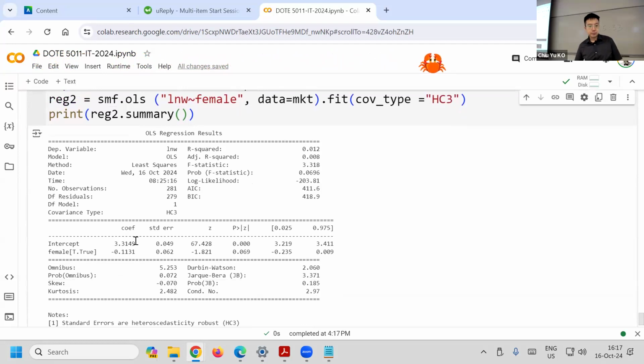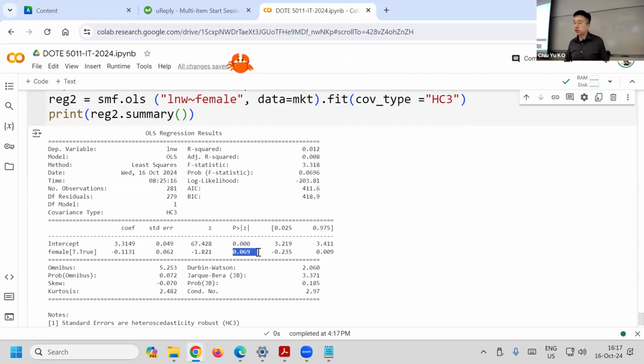Okay. And again, you will see that a woman actually earns 11% less, but the p-value is not below 5%. So in this particular case, we'll say men and women have equality of earning in marketing. There's no difference between men and women, because the p-value is 6%.